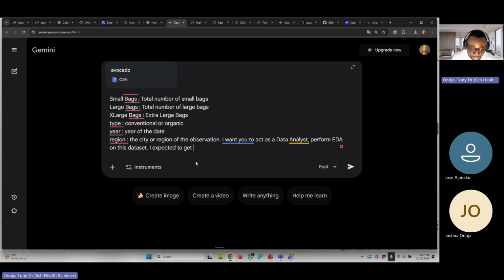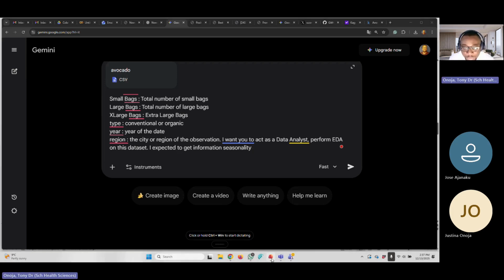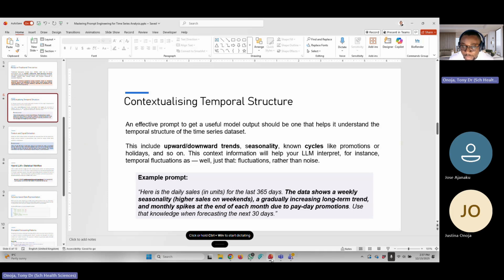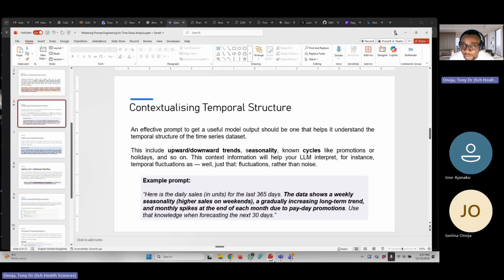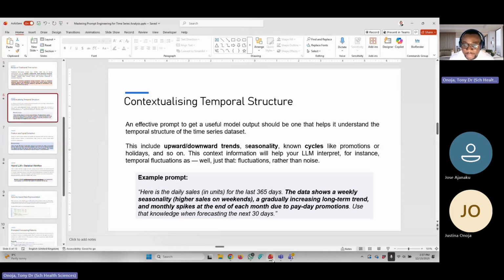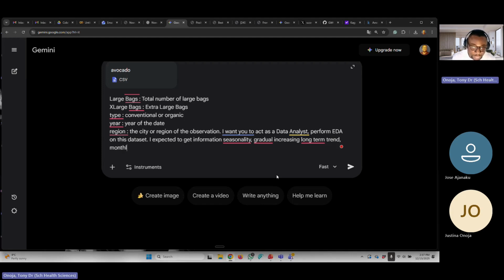So I expect to get information on seasonality, gradual increasing long-term trends, and then monthly spikes at the end of each month, and the possible cause.